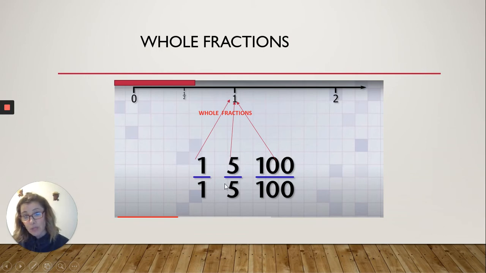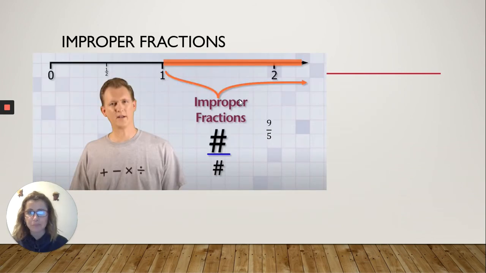How much of the cake did you eat? The whole cake, 1 whole. Here it's the same. You divide it into 100 and you add 100 pieces, so you add all. So it's 1 whole. And here, 1/1 is equal to 1 whole. These types of fractions, as you can imagine, are called whole fractions.